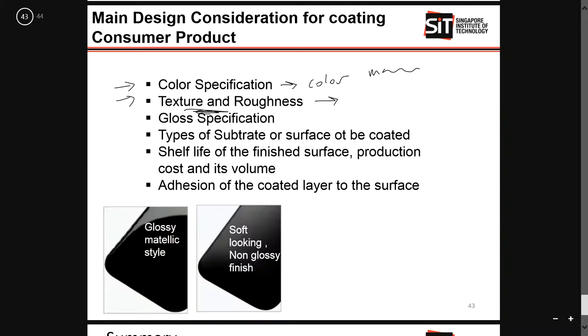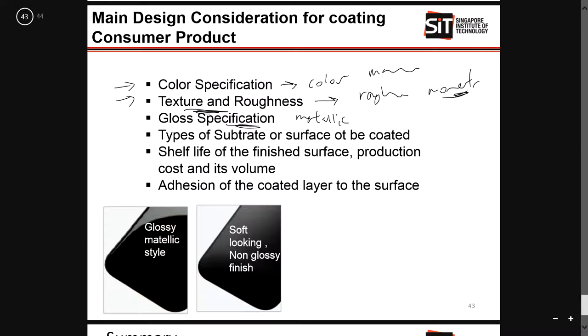Then texture or roughness, you can elaborate on yourself. The roughness itself will talk about more friction. So do you want your surface to have more friction or less friction? So you need to talk about it. Alright, and gloss specifications, because people like things to look nice, like metallic.